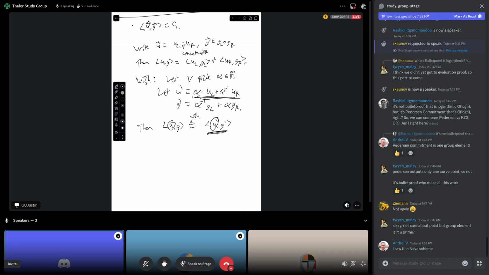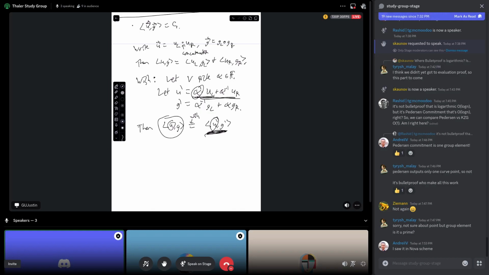So in this world where our wishful thinking were actually accurate, we've managed to reduce the original claim about two vectors of length n to an equivalent claim about two vectors of half the length, right? And the prover didn't even do anything here. All the verifier did was pick this random alpha and use it to take a linear combination of the left and right halves of the two vectors.